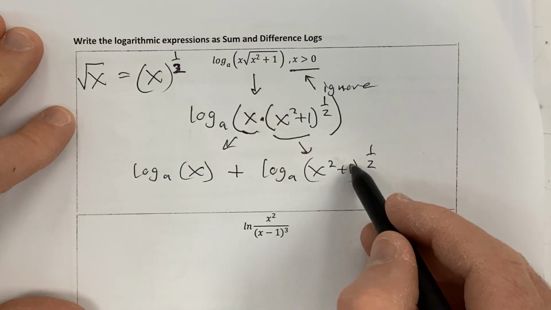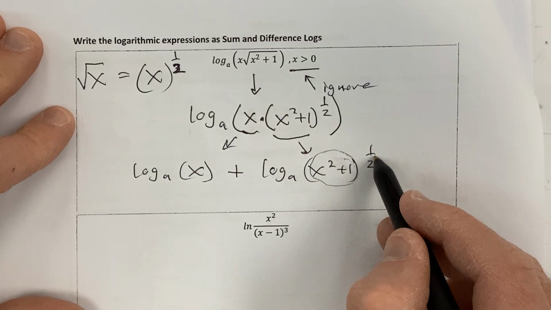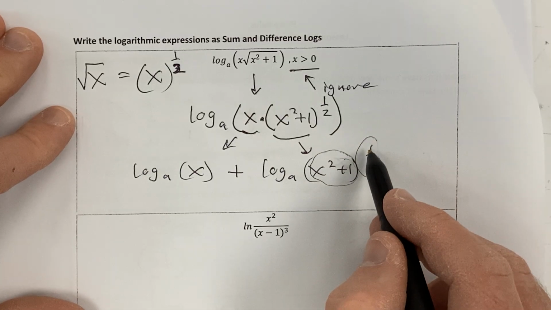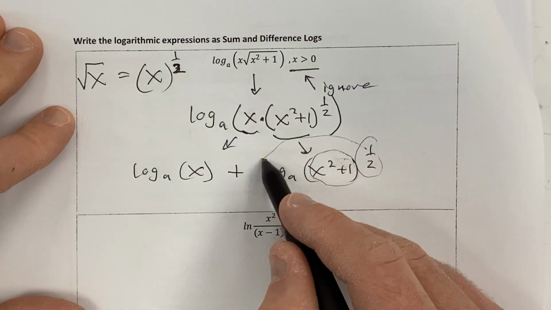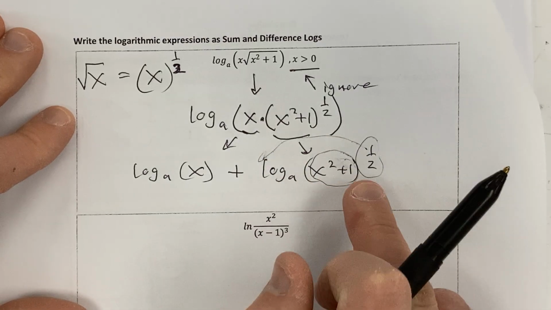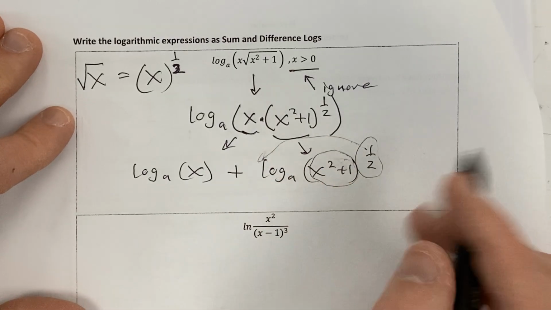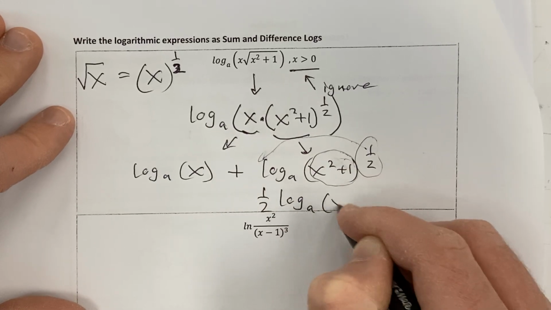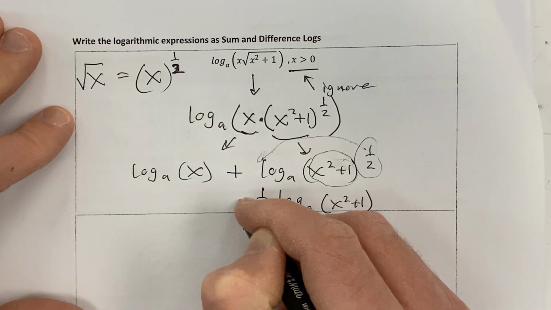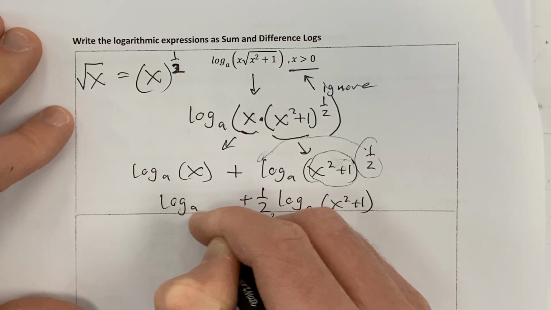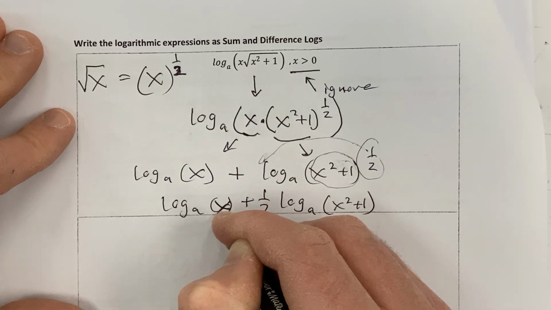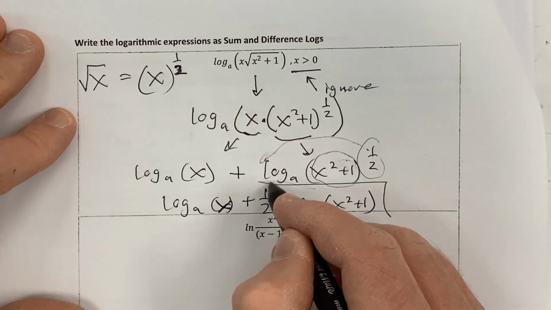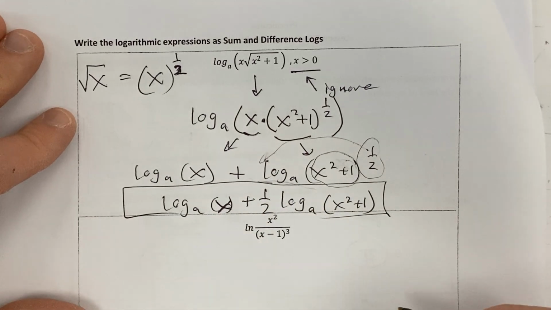Yes. Because this thing is raised to the 1/2 power, I can bring that power down front, or basically write this as the product of the power and the log. So it becomes 1/2 log base a of x squared plus 1 plus log base a of x. And so that can be the final simplification.